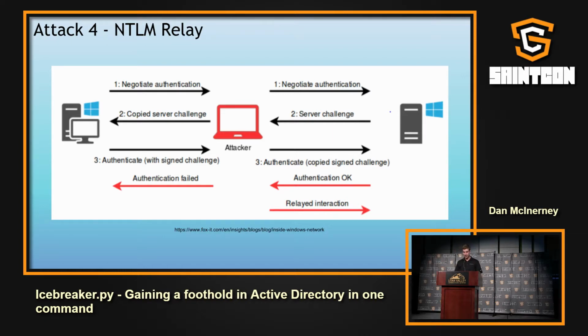Now I find this attack to be incredibly useful. I find this to be effective and fast. There are a few caveats, one being SMB signing has to be disabled. Now SMB signing I don't think is disabled by default in Windows 10 anymore, it used to be. However, there are excellent reasons that system administrators disable SMB signing.